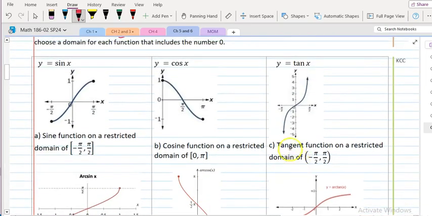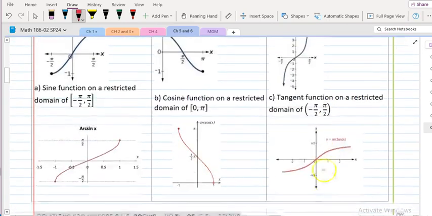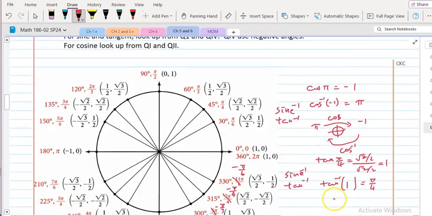What about cosine? If you look at cosine, when we reverse look up, we look at the x value. So these are positive, positive, positive. It's really good. We will use this for our first quadrant. And in the second quadrant, you'll see that you have cosine negative, and they are contiguous already. So for cosine, we use quadrant 1 and 2. You can see that the output is always positive.